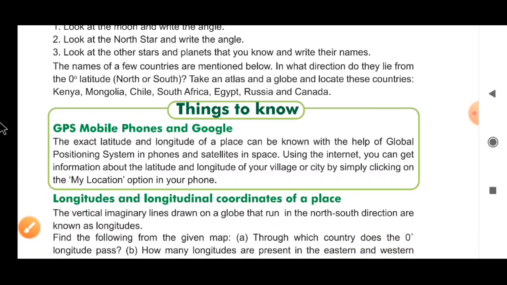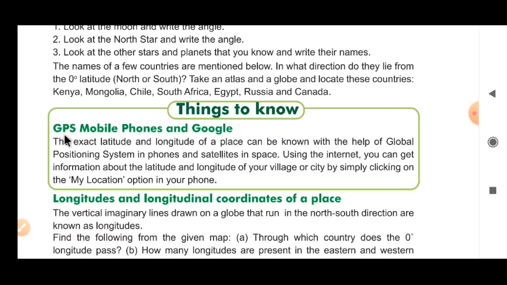From GPS we can see where you are and where you want to reach, you only have to enter those. With the help of GPS we can reach any place. We can also see latitude and longitude with the help of the Global Positioning System.